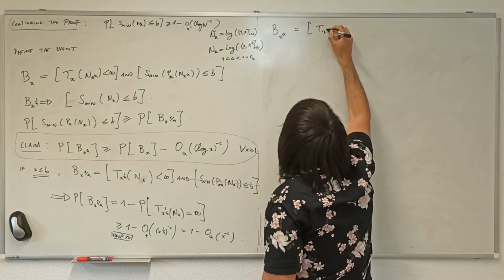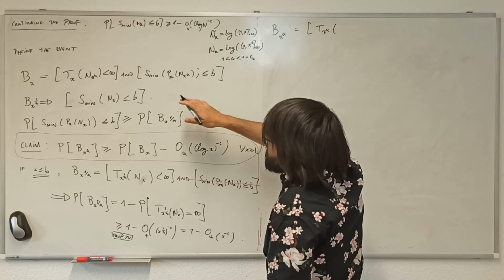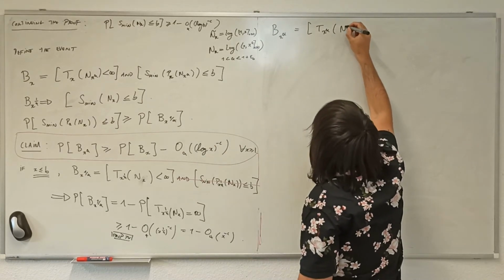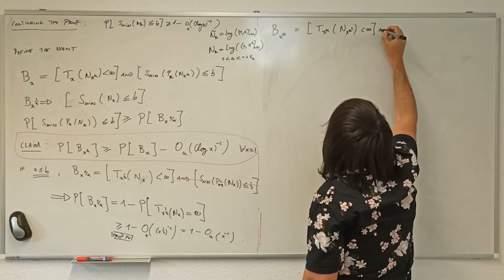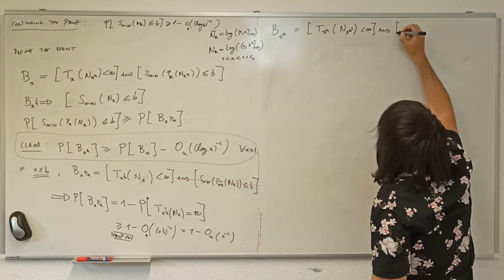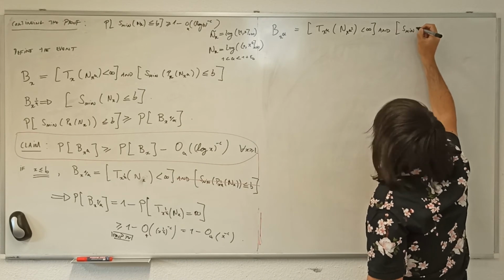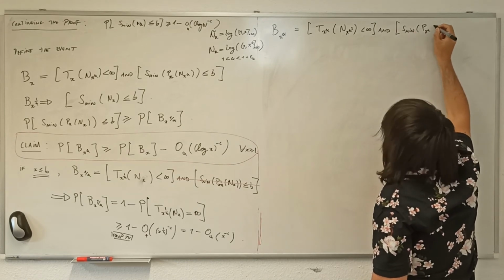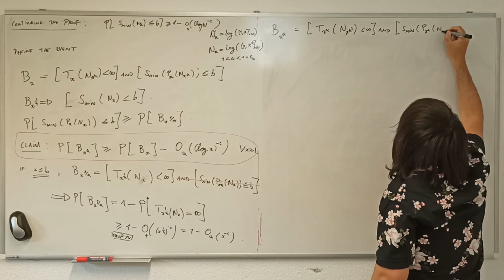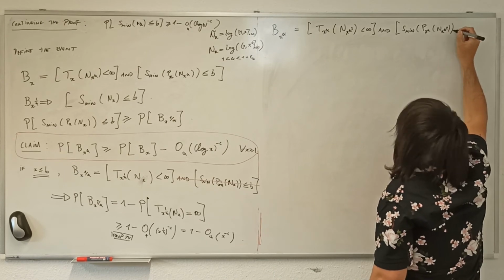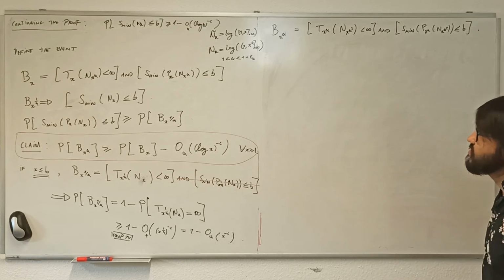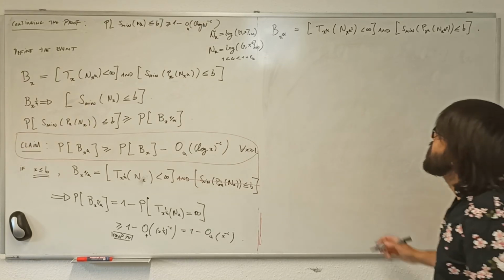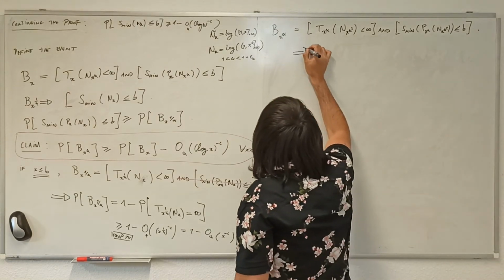It's just t x alpha, n x alpha squared finite, and the min of p x alpha, n x alpha squared less or equal than b. Okay, that's the event.